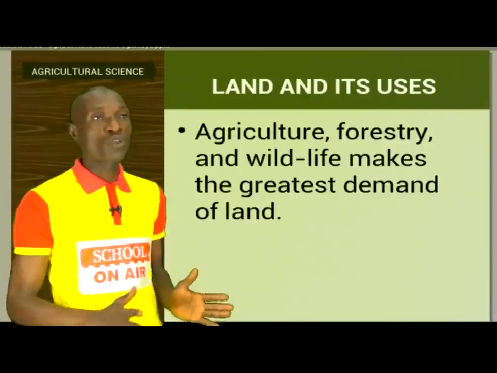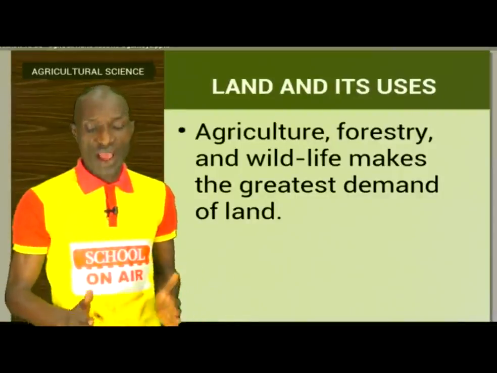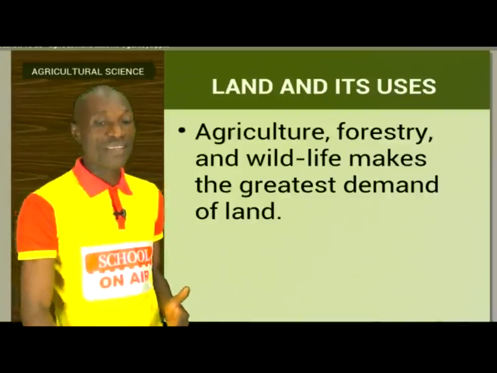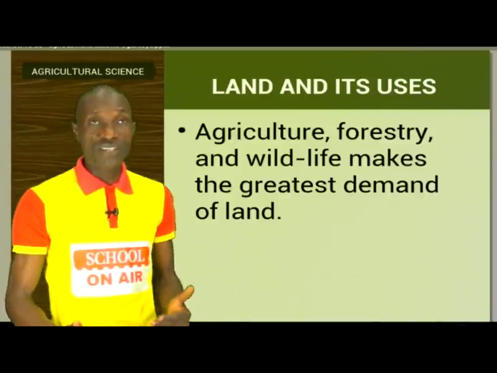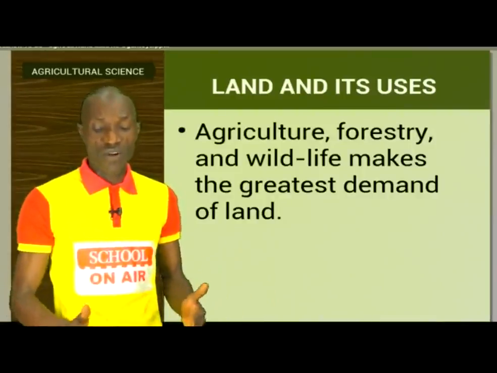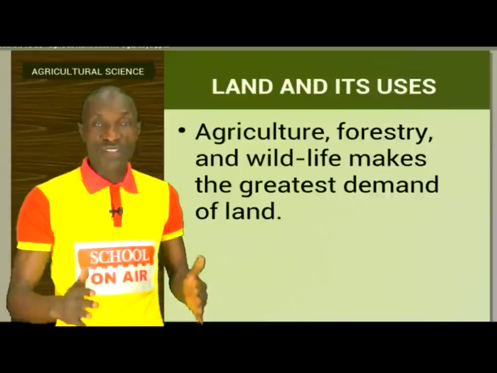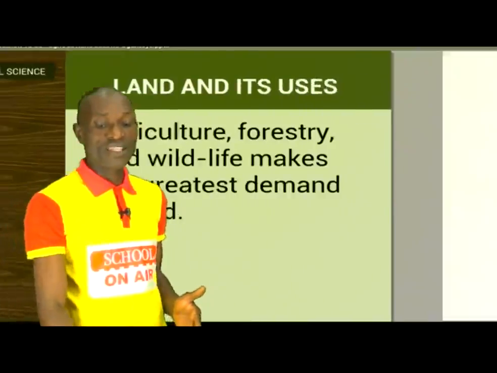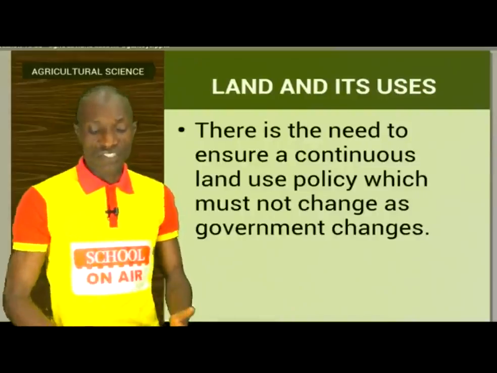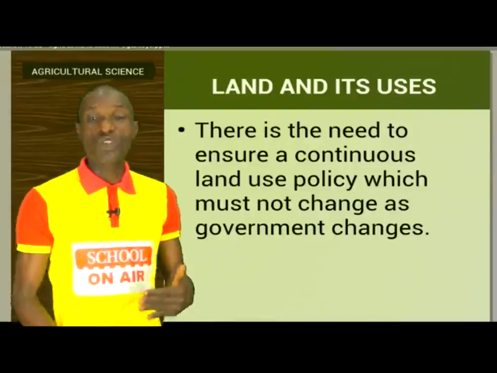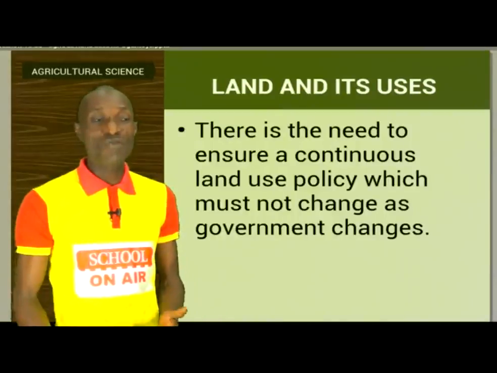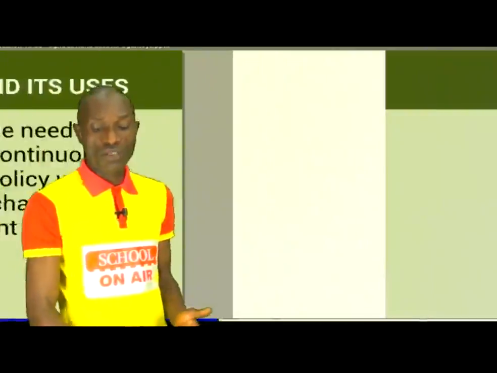But out of all those that we have mentioned, agriculture, forestry, and wildlife make the greatest demand, because they require large expanse of land. And there is need to ensure a continuous land use policy, whether the government changes or not.